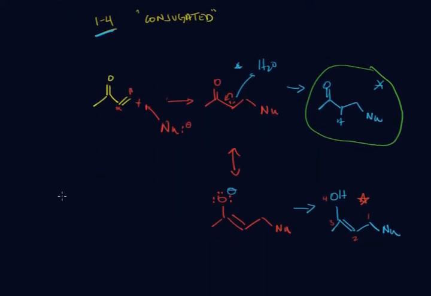1,4 conjugated addition, we're going to see that with organocuprates. So the R2CuLi, where R again is the nucleophile. With these, the lithium is the positive aspect, and the cuprate is the negative, and so the R ends up getting that negative charge and adding nucleophilically, but it's less negative through this mechanism.